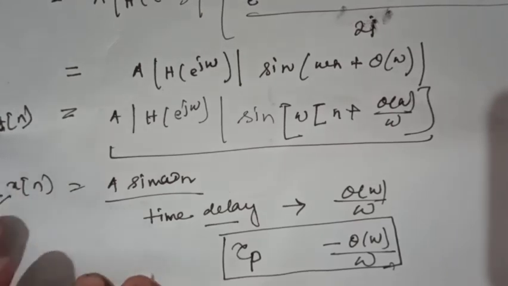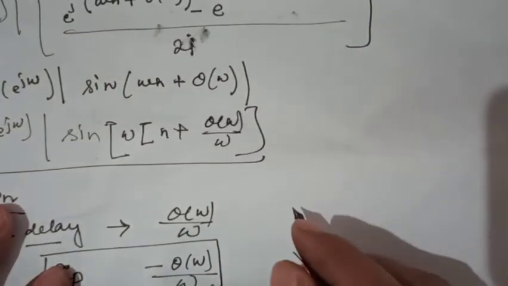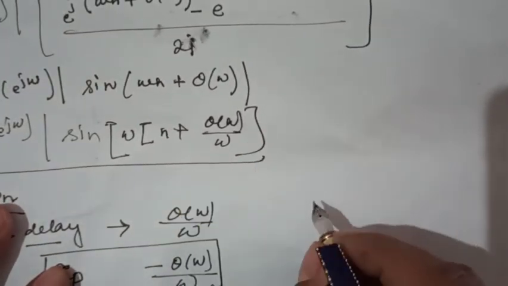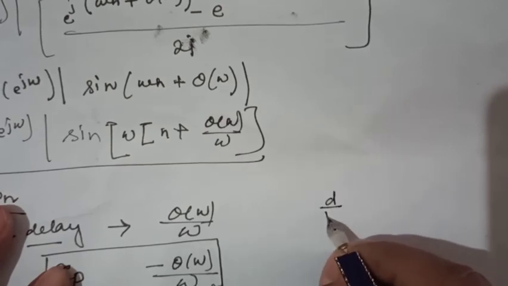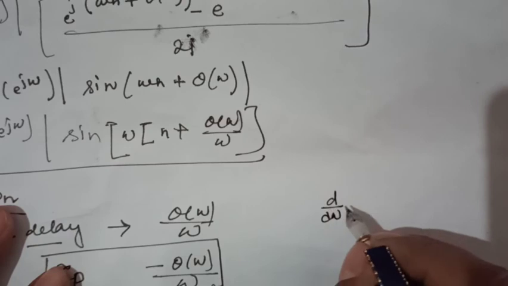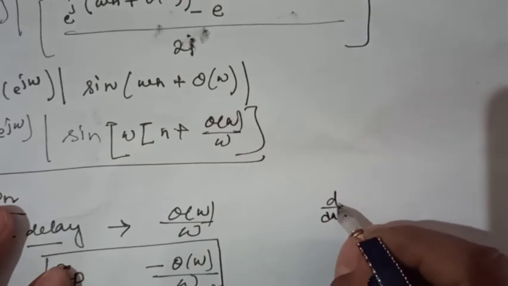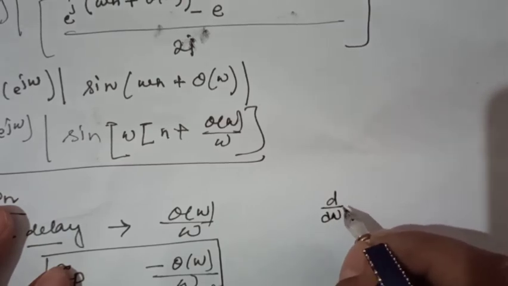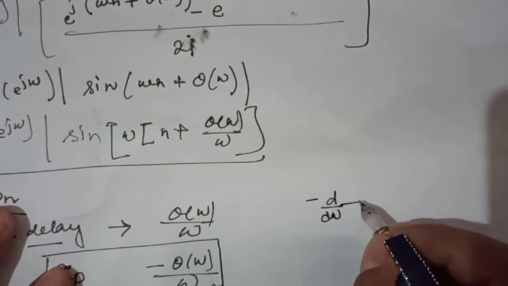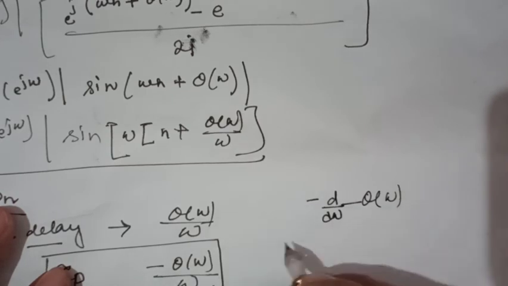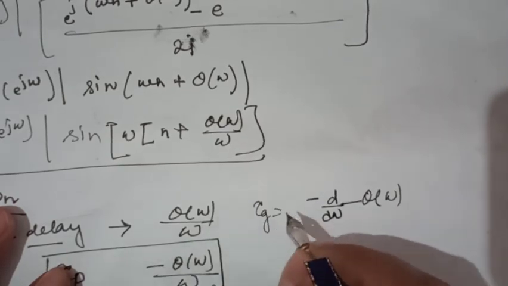Group delay is nothing but the first order differentiation, that is, d by dω of θ(ω), with a minus sign, and it is denoted as τg.